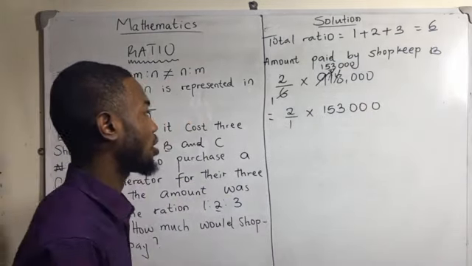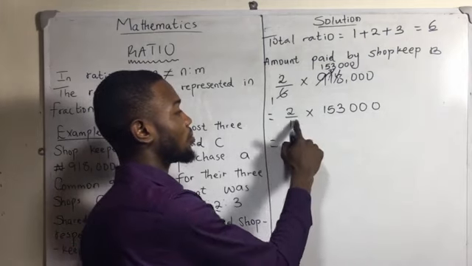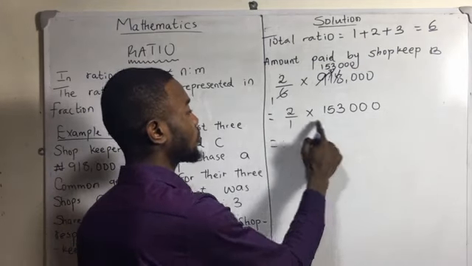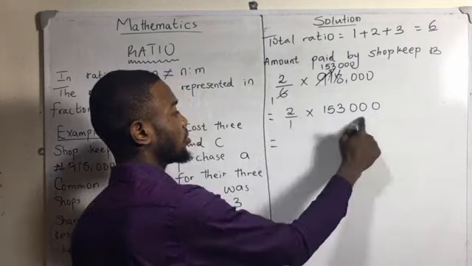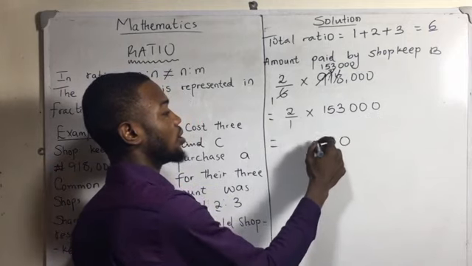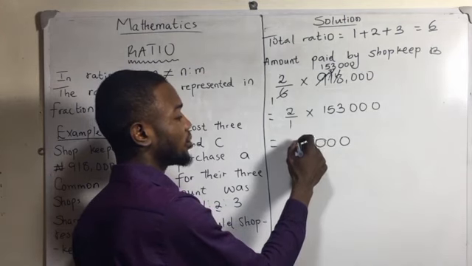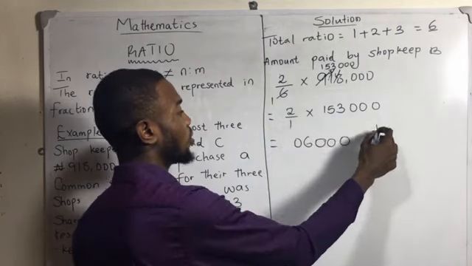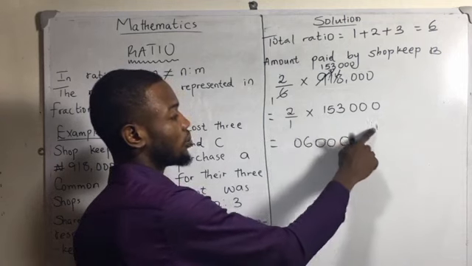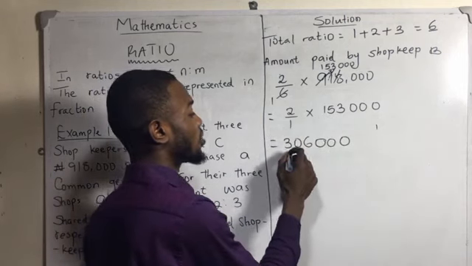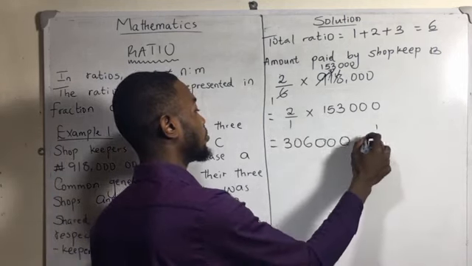That's 153,000. Then by the time we multiply, we have 2 times 0, 0, 0, 0 is 0. 2 times 3 is 6. 2 times 5, 10, so we write 0, keep 1. Then 2 times 1, 2, plus that 1, 3. So this is what we have, in Kobo.